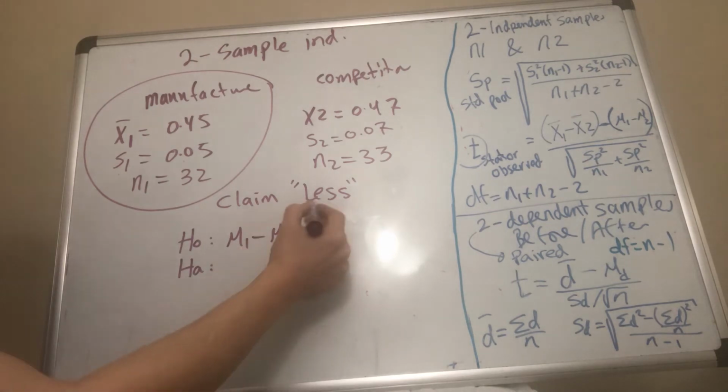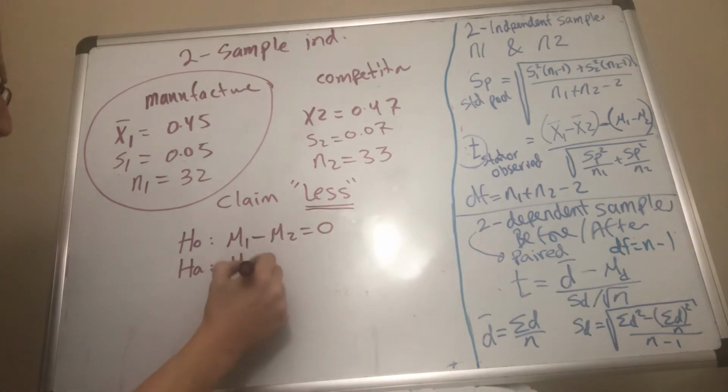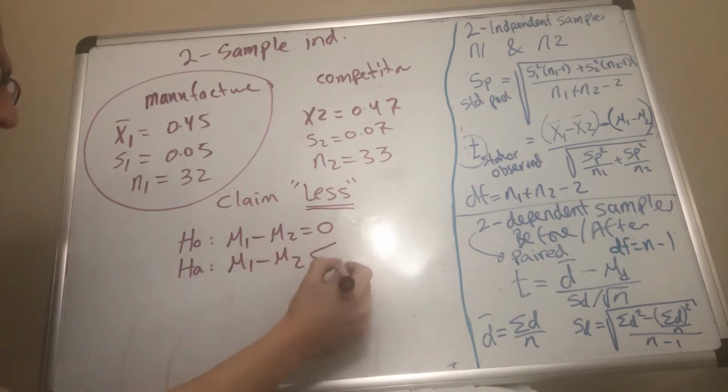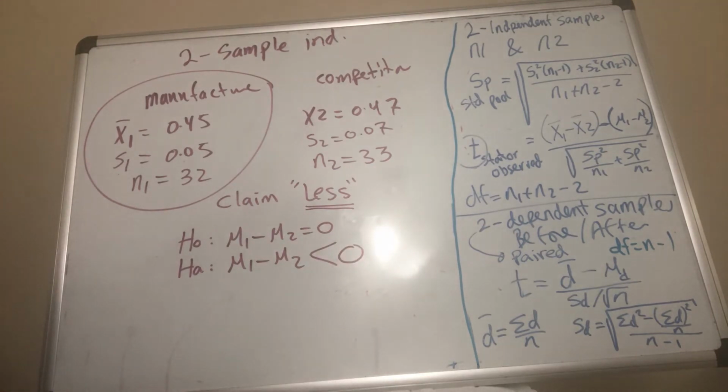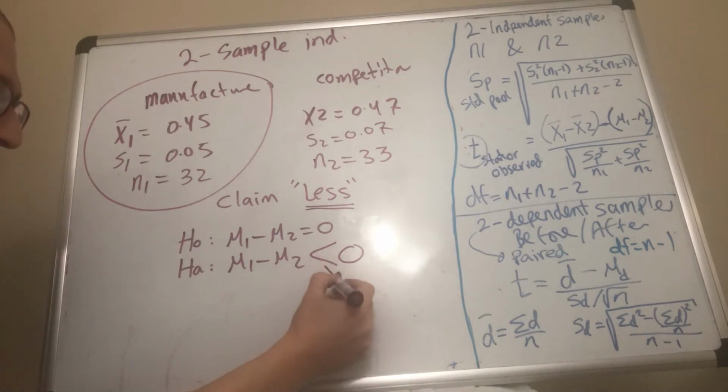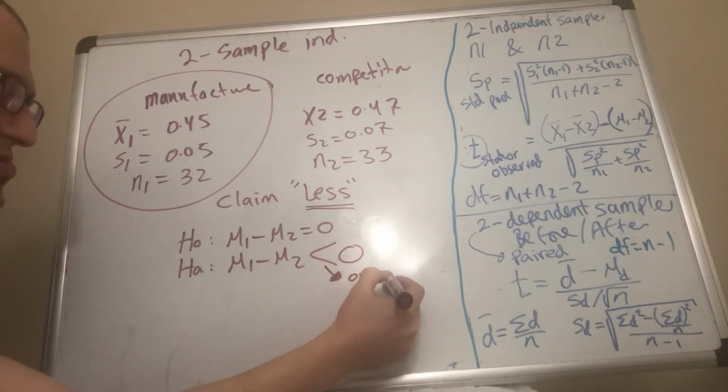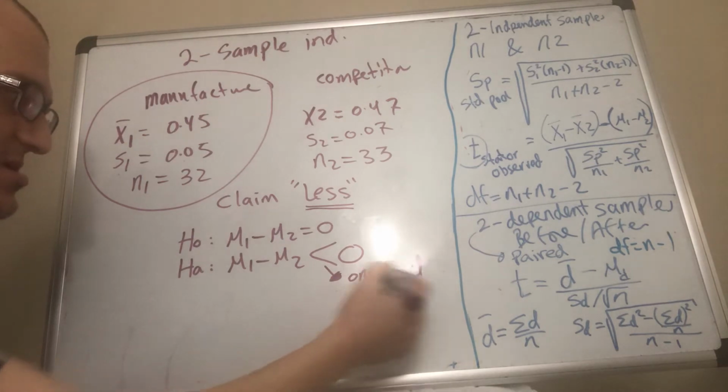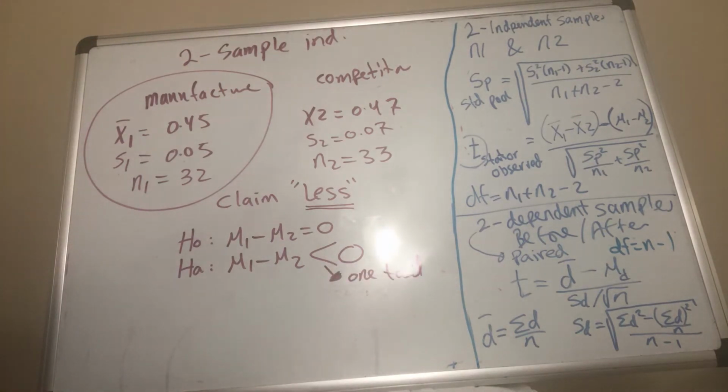We're trying to prove less, so we say mu1 minus mu2 less than 0. And if you remember from previous videos, less is an indication of one tail. When you're testing more, it would be one tail. When it's not equal, that's the only time it's two tail.